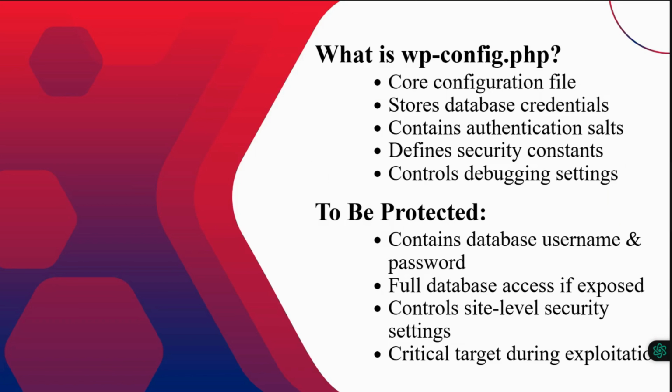If an attacker gains access to the file, they gain direct access to your database. And once the database is compromised, the entire site is compromised. So they can extract user data, change admin passwords, insert malicious code, delete content, and create hidden backdoor accounts. That is why protecting wp-config.php is not optional.